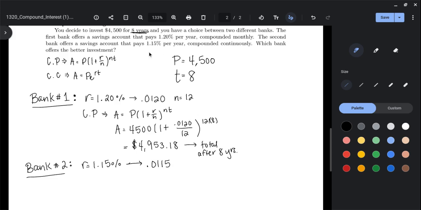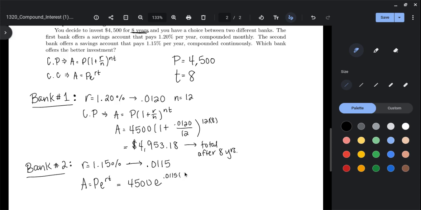Then it says that it's compounded continuously. So in this case, we're going to need to use the formula A equals P times E to the RT power. And we have the same initial investment of $4,500 for P. Remember, E is our number. And then our interest rate as a decimal is 0.0115.